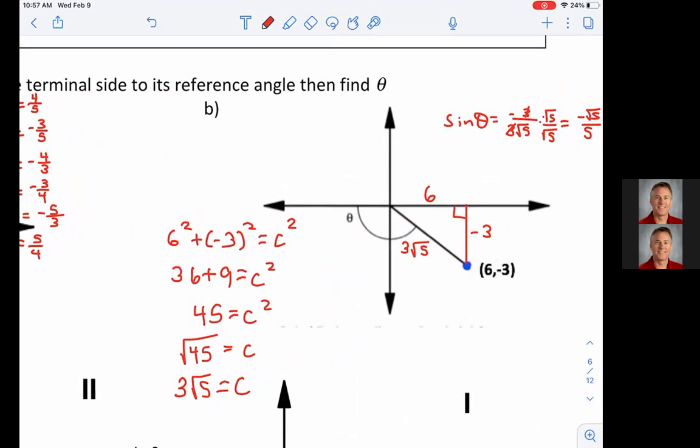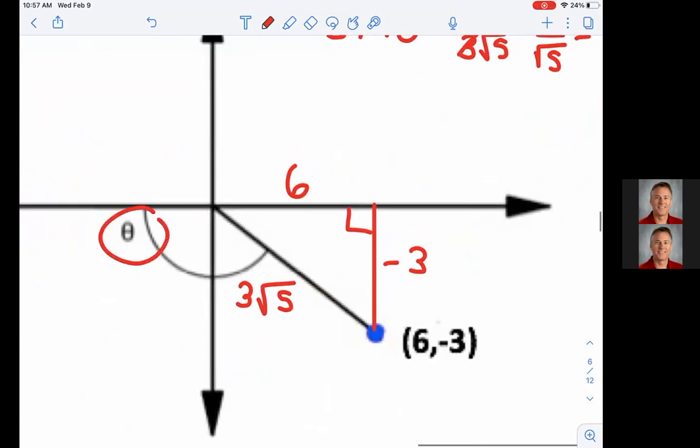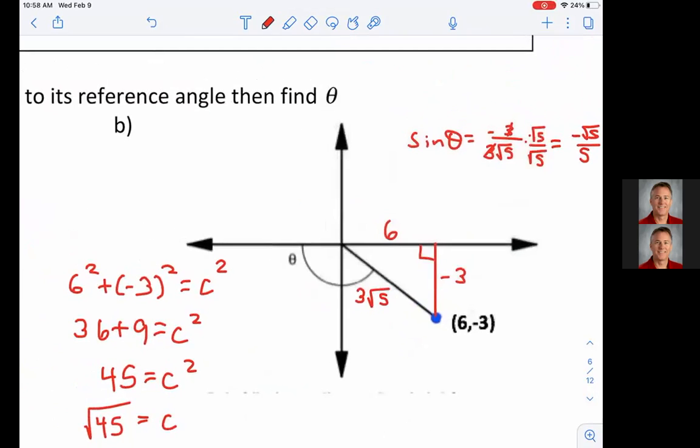Yes. How is the angle inside of the triangle? Not the one like right... Yeah, I see what you're saying. So you're saying like theta is listed here, right? And so we use this as our theta. So we're always using, that's a great question, Olivia, we're always using its reference angle.